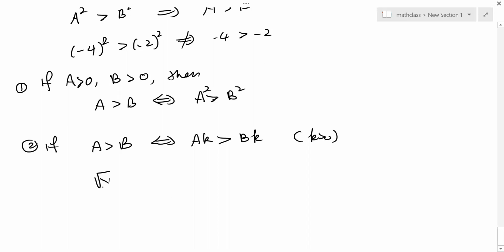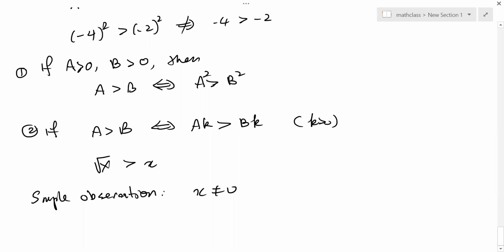So square root of x greater than x, and from here you will see that, a simple observation: x cannot be 0, right? Yeah, because otherwise 0 equals 0.